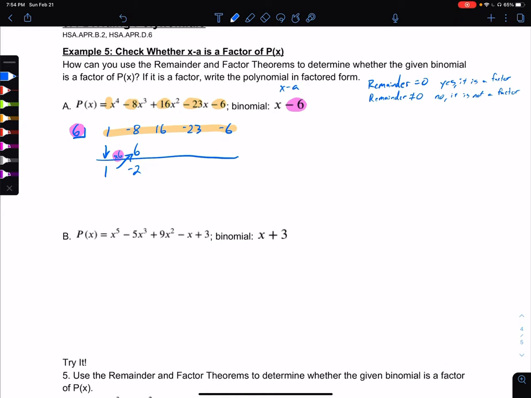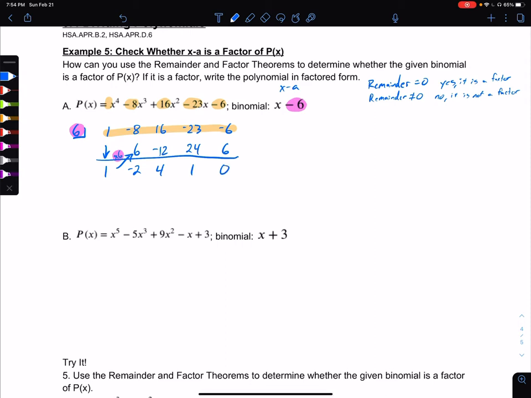We're going to multiply by 6 again, so this would be -12. 16 plus -12 would be a positive 4. 4 times 6 is 24. -23 plus 24 will be a positive 1. 1 times 6 is a positive 6. And then -6 plus 6 is 0.